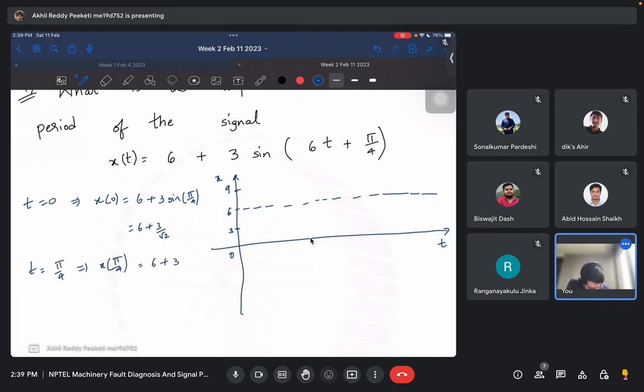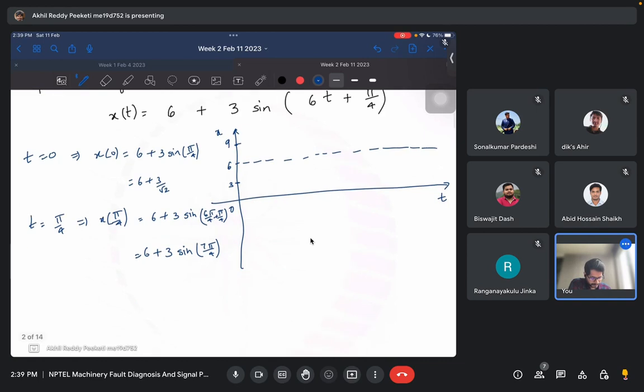6 plus 3 into sine of 6 pi by 4 plus pi by 4. So 6 plus 3 into sine of 7 pi by 4. Okay.